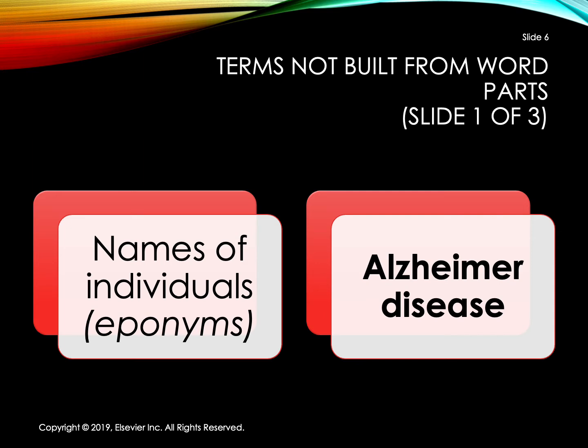However, there are some words that we can't do that with, and the one that we're looking at here is Alzheimer's disease, right? The book refers to this as an eponym, and an eponym is a term that's named for a person or place.